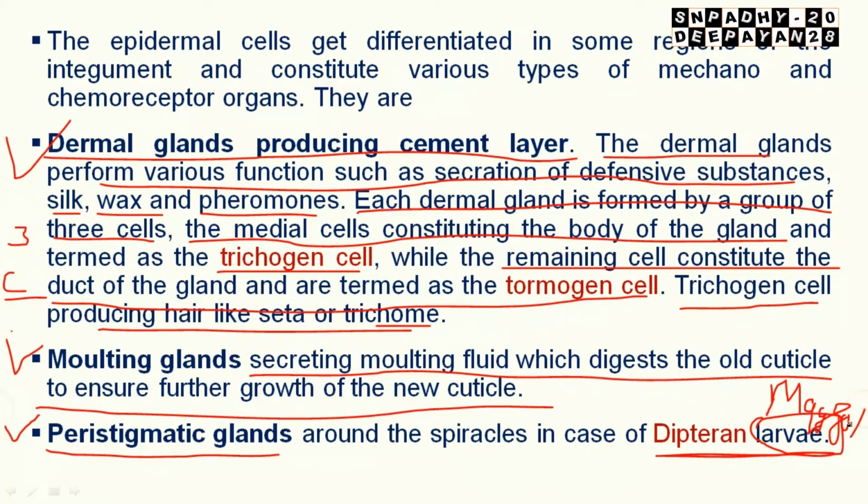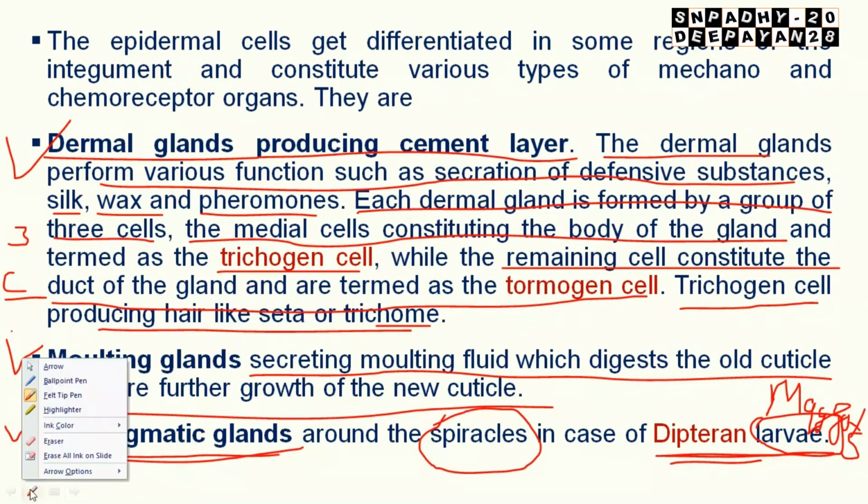Leave it, for now it is not required. In case of immature Diptera, around their spiracles. Spiracles means what? Their mode of respiration. The outlet of respiration is what? These spiracles. Around these spiracles, these peristigmatic glands are there. It may come as a short question.